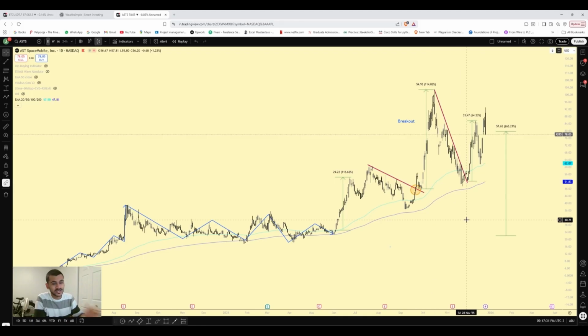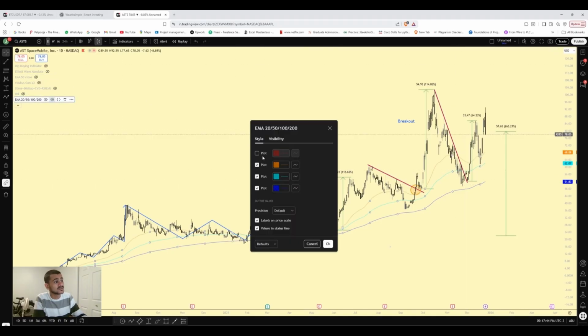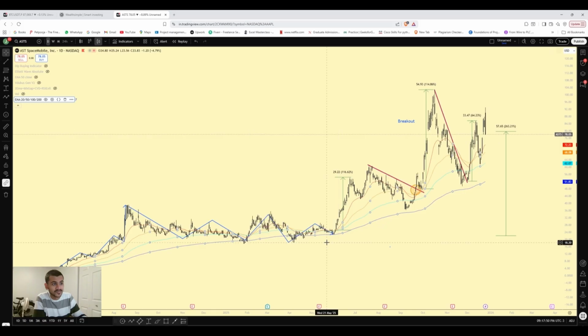But the ones who only care for 2 to 3 months, like me, swing traders, I don't care about what happened at the beginning of the year. I only care about what happened here. So I would use 100 moving average. Then some more short-term traders would use 50 and 20 moving average, right?